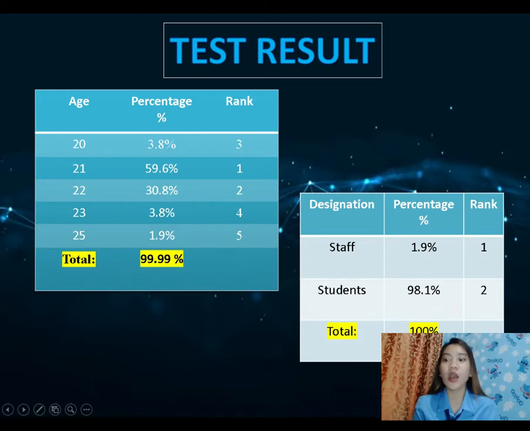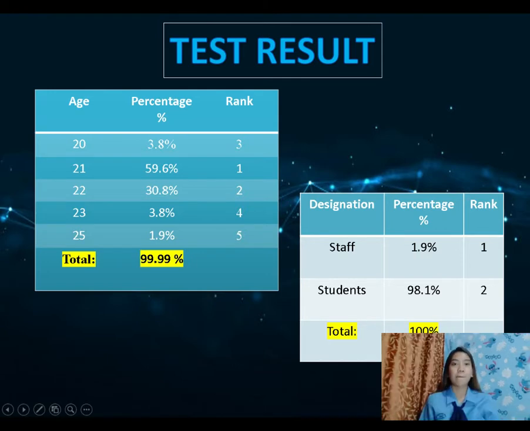The total is 99.99%. For staff and students, the staff got 1.9% and students got 98.1%. The total is 100%.